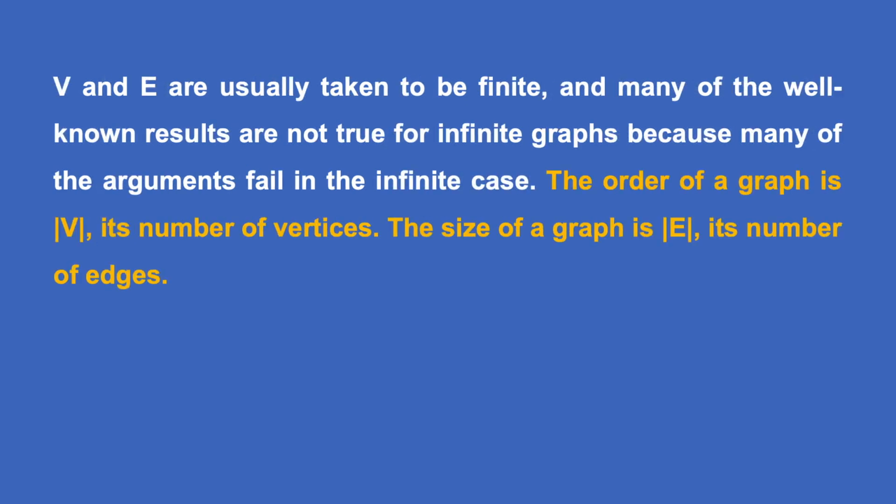V and E are usually taken to be finite, and many of the well-known results are not true for infinite graphs because many of the arguments fail in the infinite case. The order of a graph is denoted by the cardinality of V, its number of vertices. The size of a graph is the cardinality of E, its number of edges.